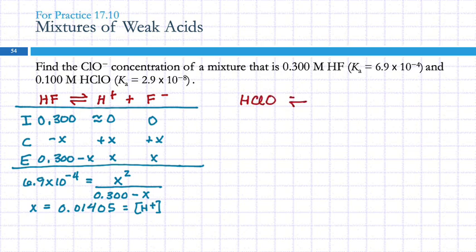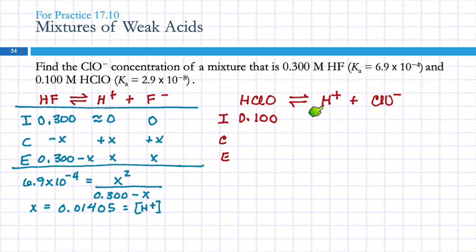HClO. That is in equilibrium with H plus and ClO minus. Let's do this one in red, just for fun. So ICE. Initial concentration of the acid is the concentration given in the problem, 0.100. But this is where things get different.